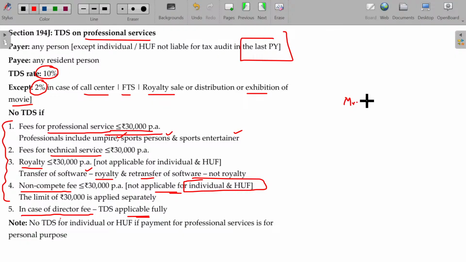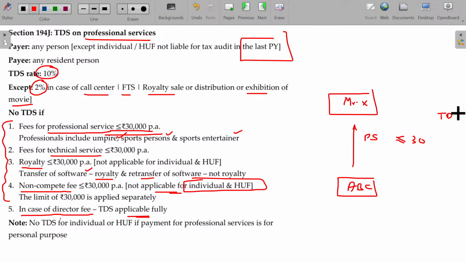Mr. X, from company ABC, gets what? Professional services value less than or equal to 30,000. What about the TDS?